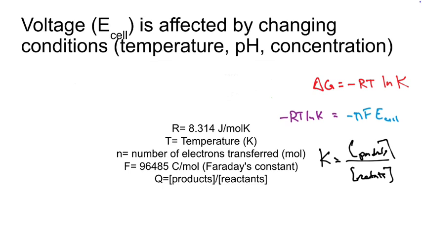This now also says pH. Well, dang. How could pH possibly affect our cell potentials? What is pH? pH is equal to the negative log of our H3O plus concentration.